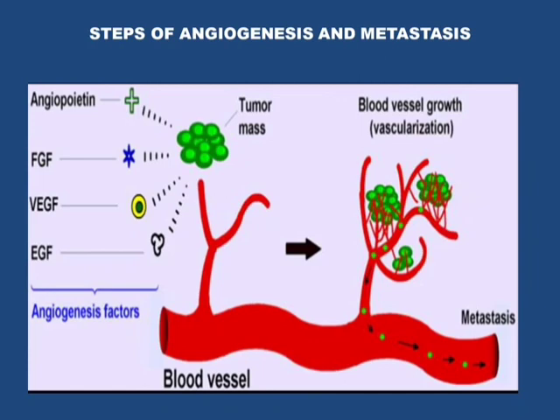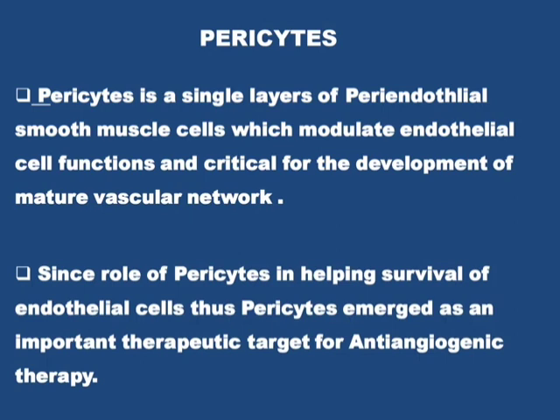Notch4 is basically a transmembrane receptor, and among the Notch family, Notch4 is responsible for angiogenesis. These are the directly acting factors involved in tumor angiogenesis, and all these factors have a high degree of specificity for endothelial cell associated neovascularization.